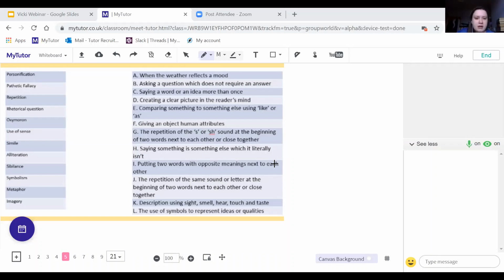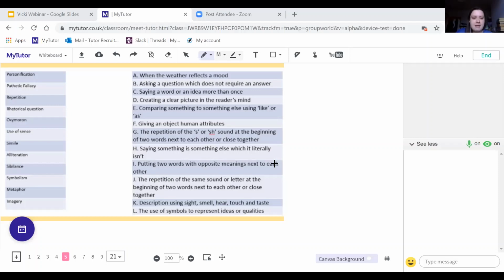Oxymoron, I, putting two words together with opposite meaning, fantastic stuff. Imagery, D, yeah, creating a clear picture. Rhetorical question, B, yeah, a question which doesn't require an answer. Symbolism, L, the use of symbols to represent ideas or qualities.